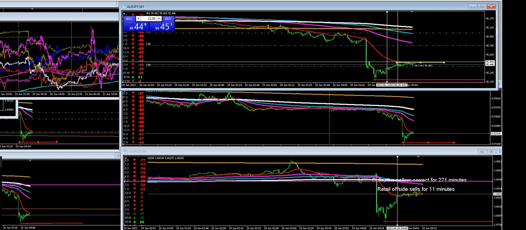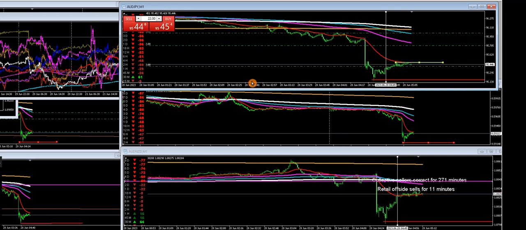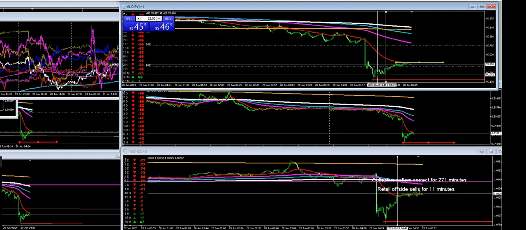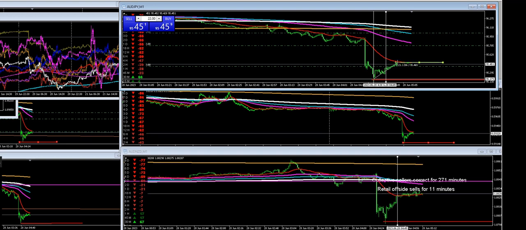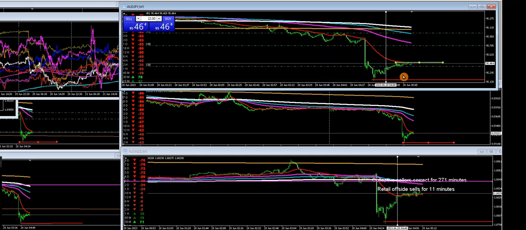But 34 points in price, 34 pips they're offside. While here, which is underway, this is happening right in front of our eyes. They are offside 296. So you got 296 points relative to 14.